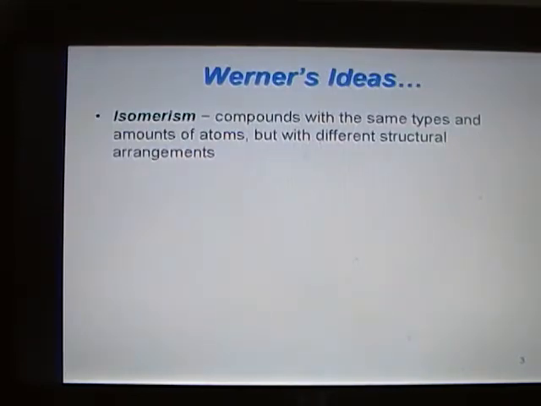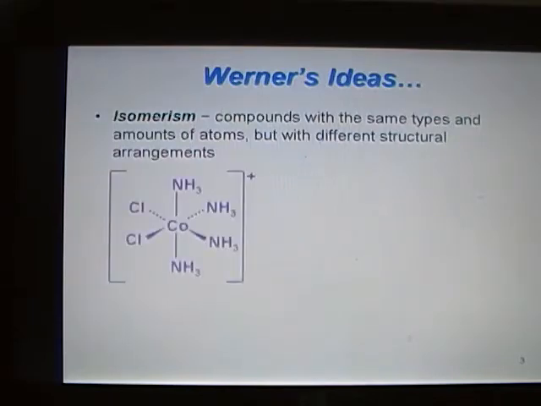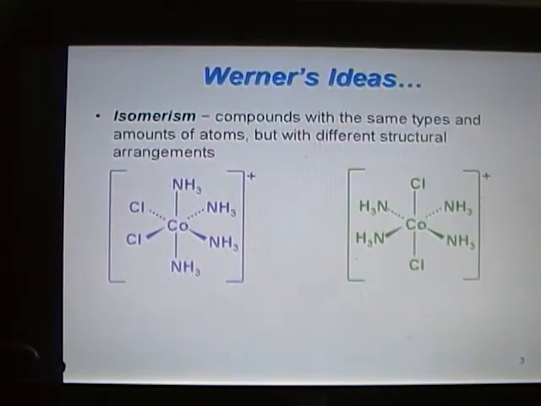Isomers are compounds with the same types and same numbers of atoms, but with different arrangements of the atoms. So, if we're looking at the compound mentioned on the previous slide with a generic formula Co(NH3)4Cl3, you could have this isomer or this one.